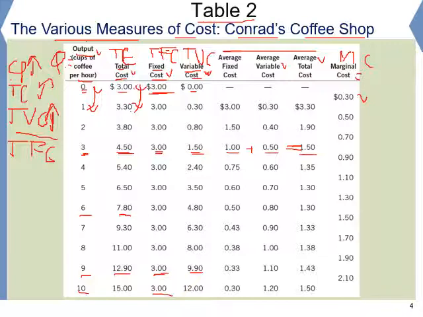You take 750 minus 650 divided by 6 minus 5. So that's going to be 130 divided by 1. That's going to be $1.30.